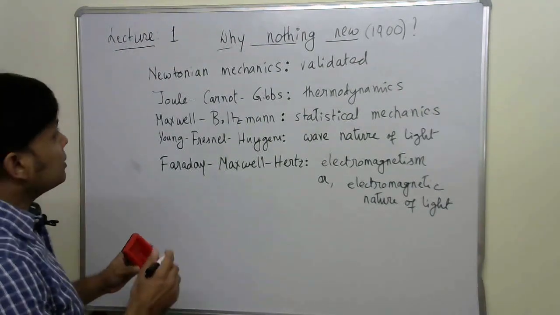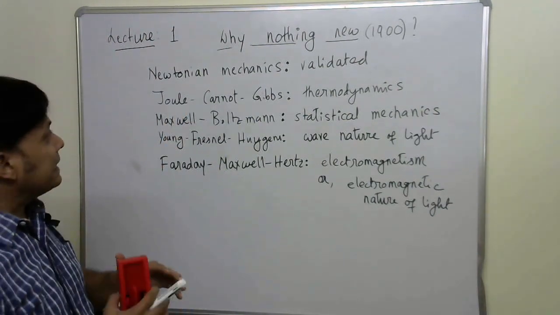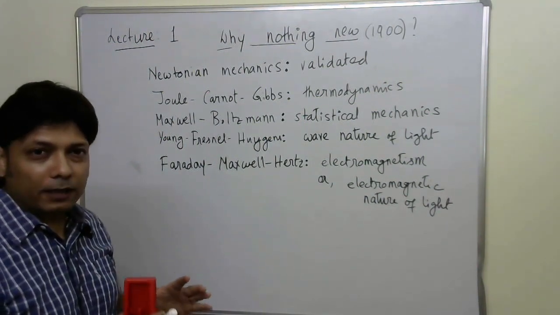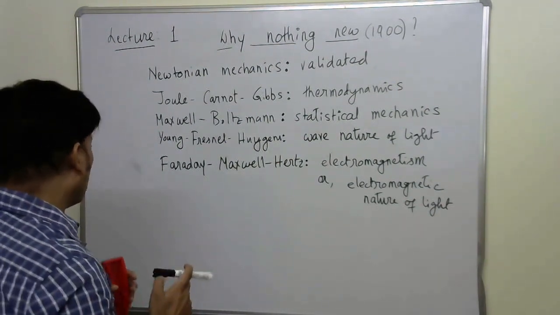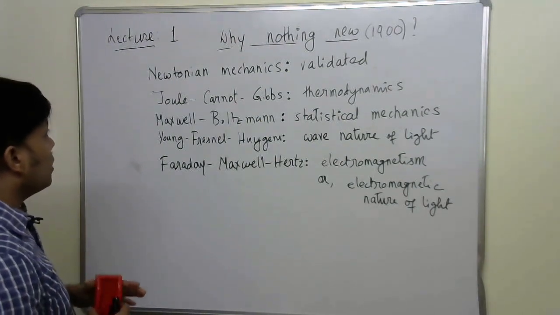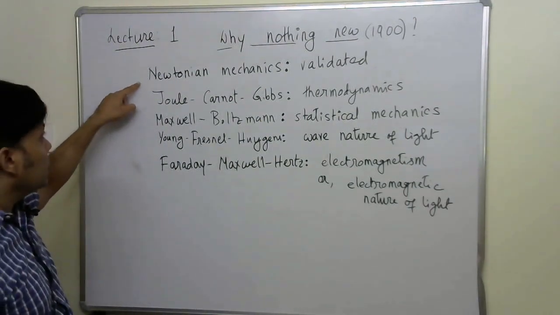Let's try to understand what the reasons were due to which scientists believed that there was nothing new to be discovered in physics by the end of the 19th century, that means at the beginning of 1900.